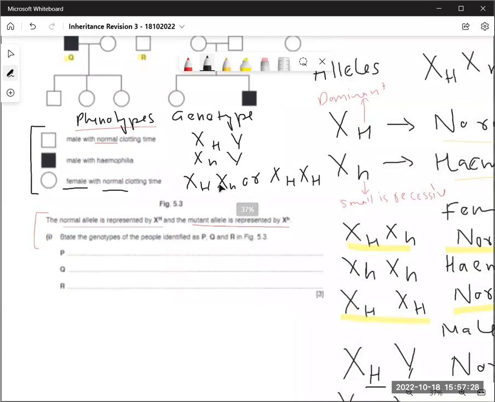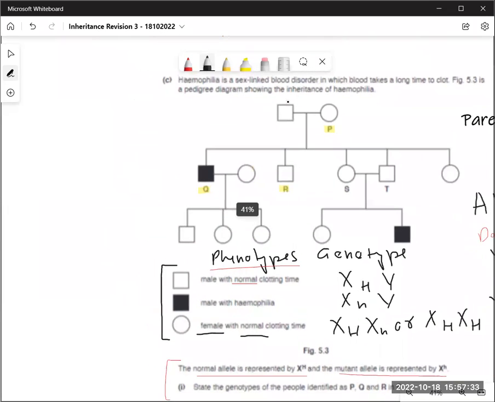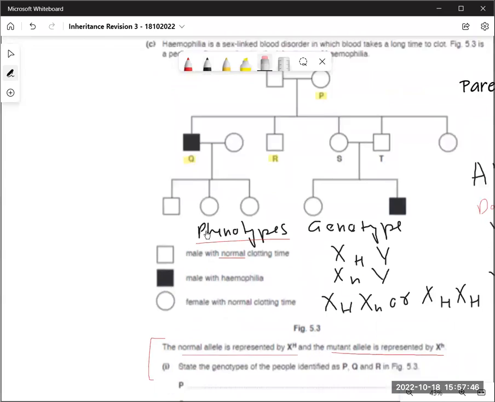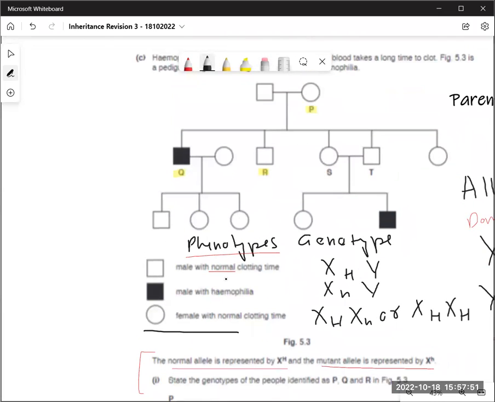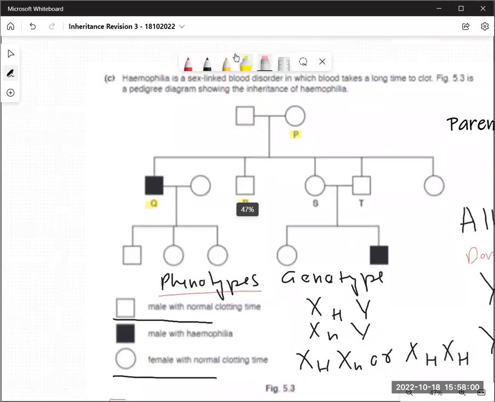Now, how will we use this to solve our question? Since I know that the parents are both normal, they're not black, they're white. So all the ones with the white squares are normal. Female with normal is white circle, and male with normal is white square. Now, Rachit, let me check your answer is correct. Good. Now, let's see how we solve this question.